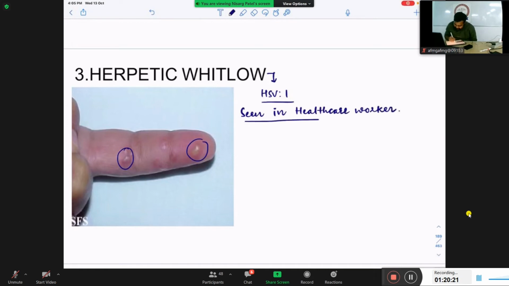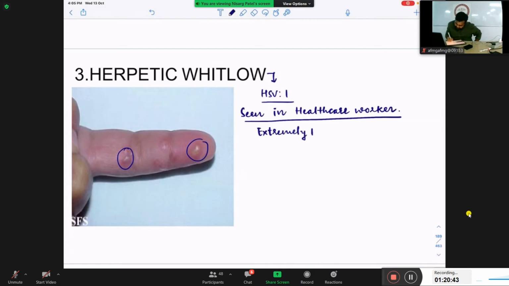It is seen in healthcare workers because when you are working with the patient and you come in direct contact with the herpes virus, it gets inoculated on your skin and will cause a blister. This is herpetic whitlow. Extremely painful.